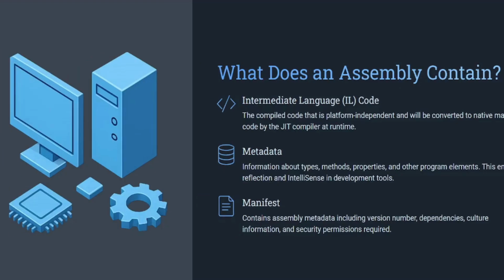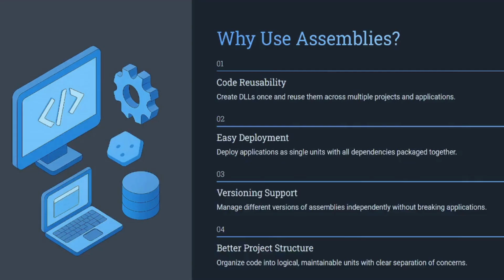Now, you might be wondering, why do we actually need assemblies? There are a few important reasons for that. First is code reusability. We can create functionality once in a DLL and then we can reuse it across multiple projects. So instead of writing the same code again and again, we can simply reference the assembly and use it. Next is easy deployment. Since everything is packaged into assemblies, we can deploy the application as a single unit. Means all the required code and information are already bundled together, which makes the deployment much simpler.